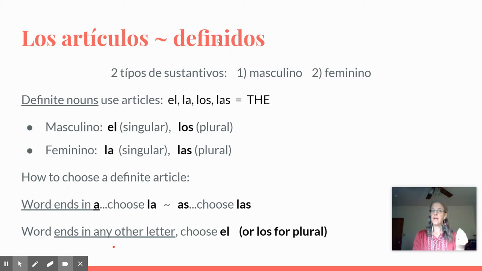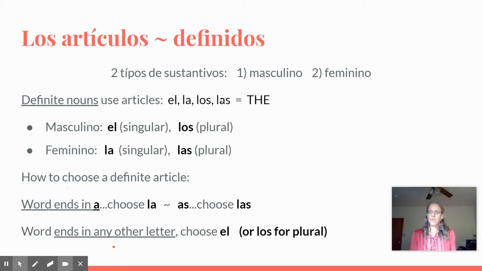And the reason they're definite nouns is because they're referring to one something. Like if I say in English, I have the bottle. Somebody's looking for this bottle and I say, oh, I have the bottle. Then we know that it's just this one thing that they're looking for, right? Or that I have. And later we'll talk about indefinite articles and how that's different, okay? But this is a defined something, a very specific something. The, el, la, los, or las in español.